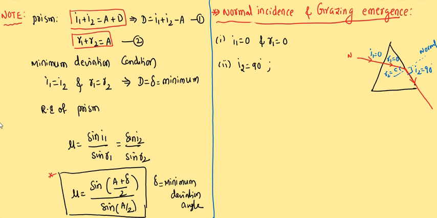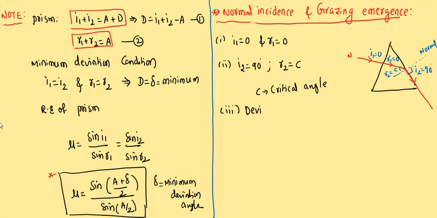When the angle of emergence is 90, it means that the angle of refraction at the second surface should be equal to the critical angle. Because at the critical angle only the emergent angle becomes 90 degree. That's why this will become C. What is C here? C is the critical angle.